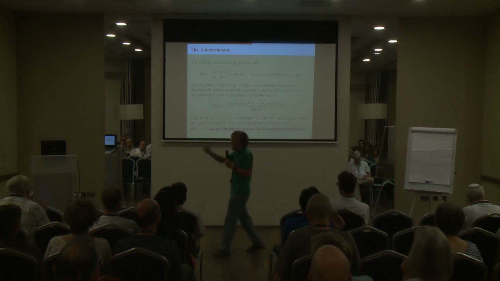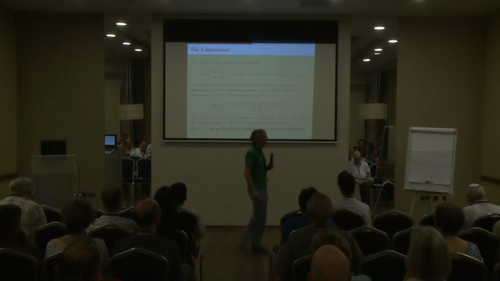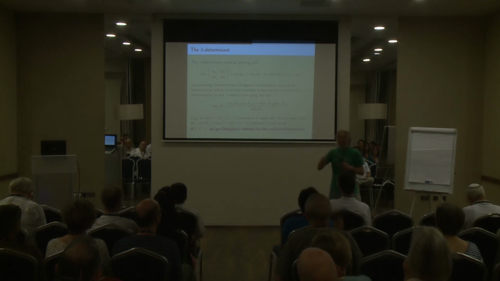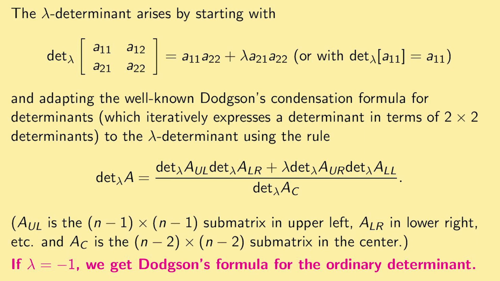It basically, Dodgson's condensation formula gets you down to the determinants of 2 by 2 matrices, okay, like so. And the description is, you take the lambda determinant of the n minus 1 by n minus 1 matrix in the, well, think of it as you've got an n minus 1 by n minus 1 in the upper left, I guess. You got an n minus 1 by n minus 1 in the lower left. And you have n minus 1 by n minus 1 in that corner, and n minus 1 by n minus 1 in that corner, okay?